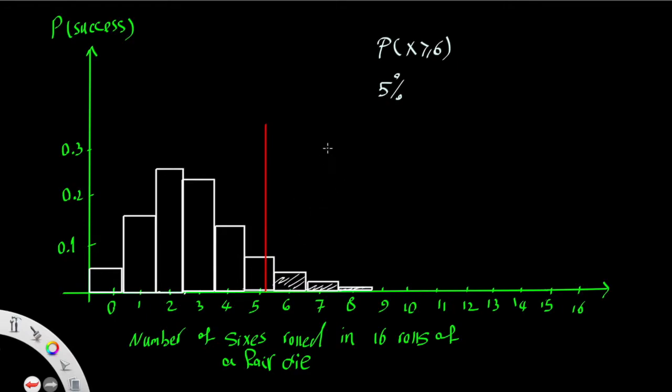This region I label rejection region, and this one acceptance region. So after the red line and before the red line.